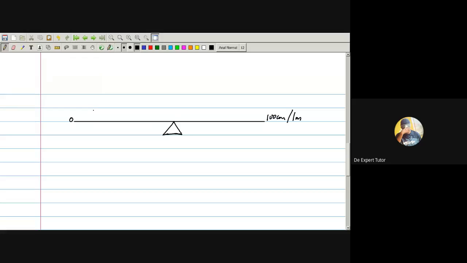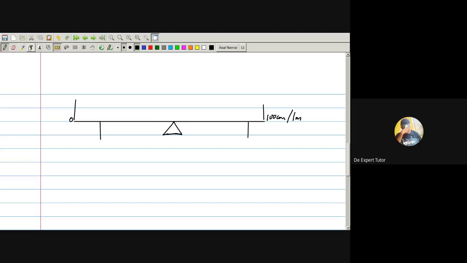Now pay attention. Let's assume that we have a force at this side. This part is very, very important. Let's assume we have a force here, and here, and here. These are straight ones, they are not curved. We have some force here, and we have another force here.